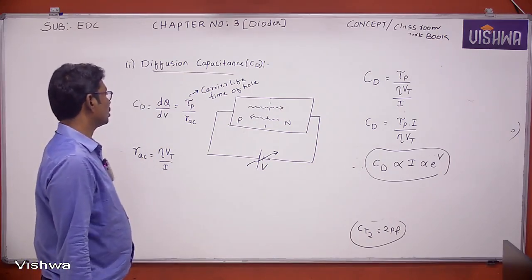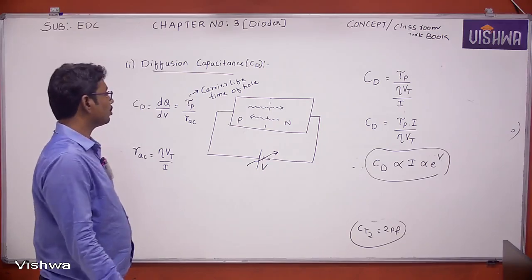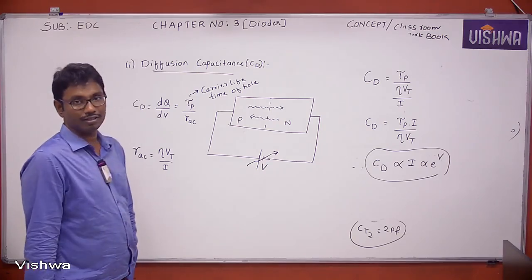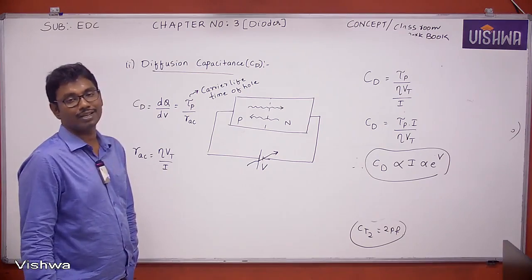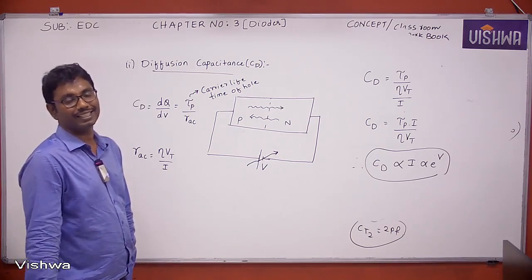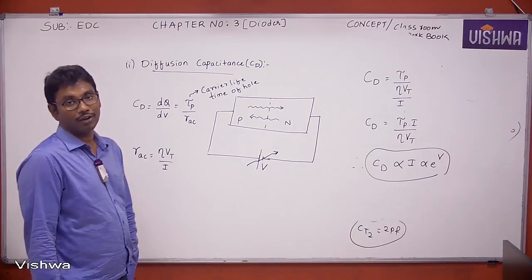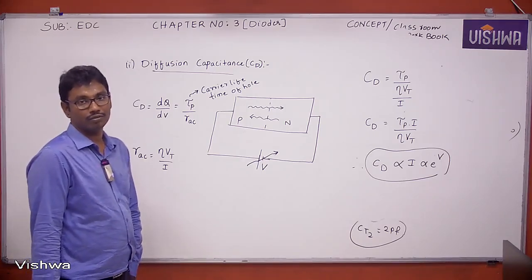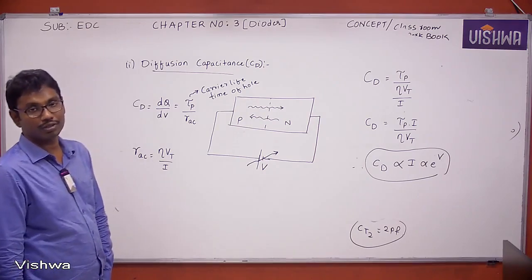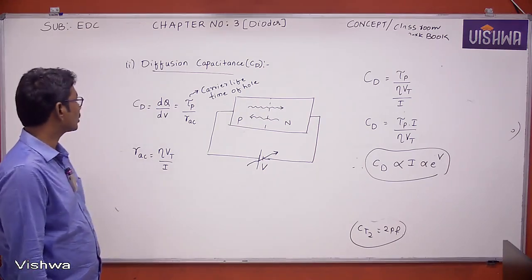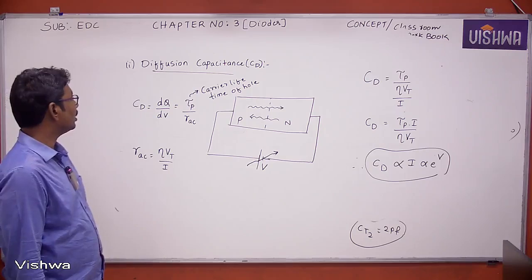Hence, the rate of change of mobile charge or injected charge with respect to forward voltage is called diffusion capacitance.